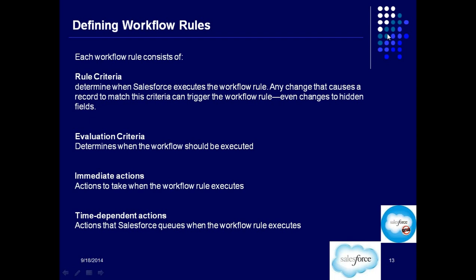So let's go and define it. To define a workflow rule, you just have to go to setup and then go to create workflow and approvals, then go to workflow rules.